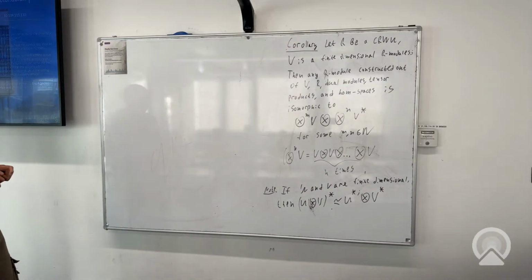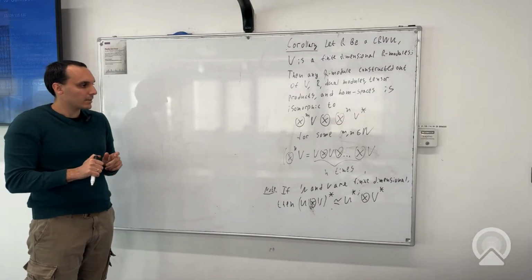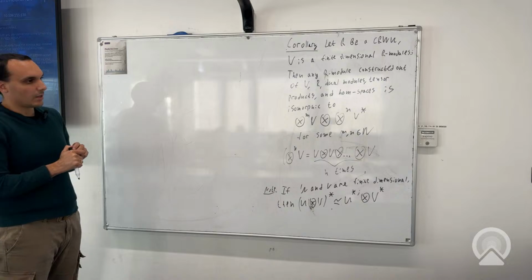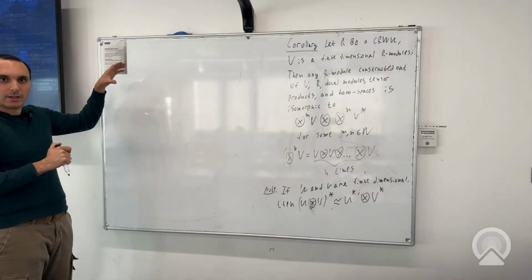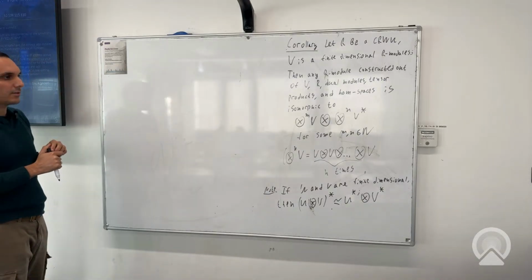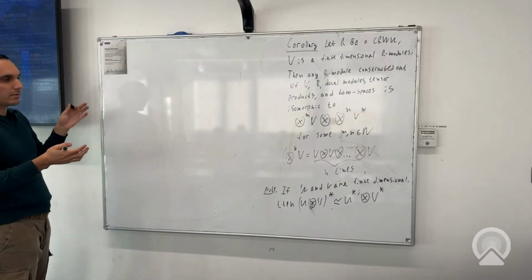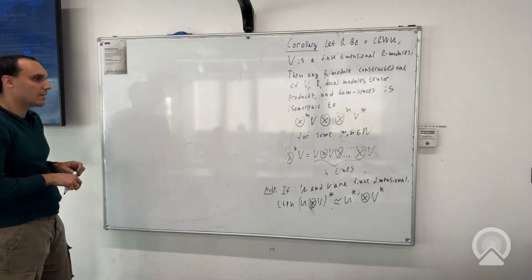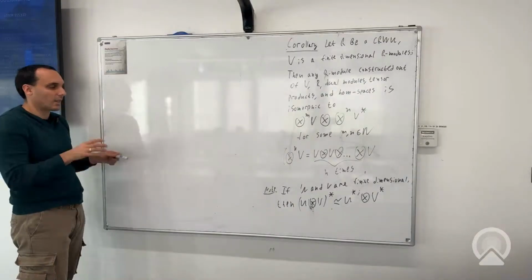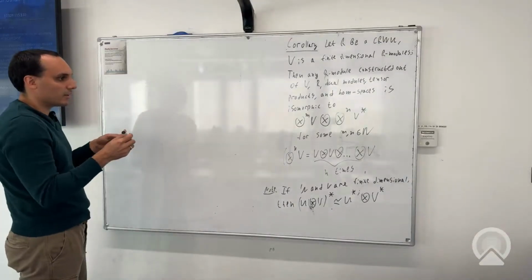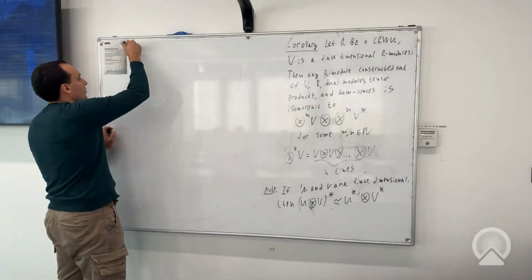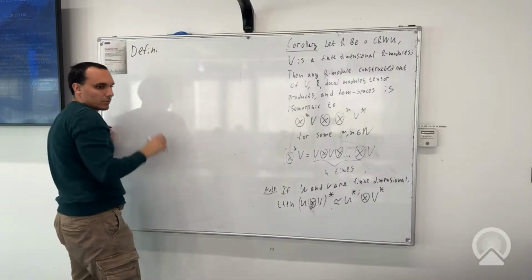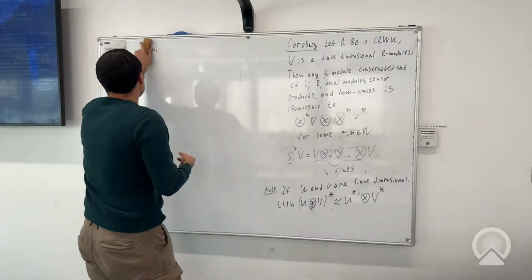Because I want to introduce tensor algebras, and particularly the exterior algebra, which are sums of spaces of different dimensions, but different structure in some sense, in different essence. So now let's go to direct sums.